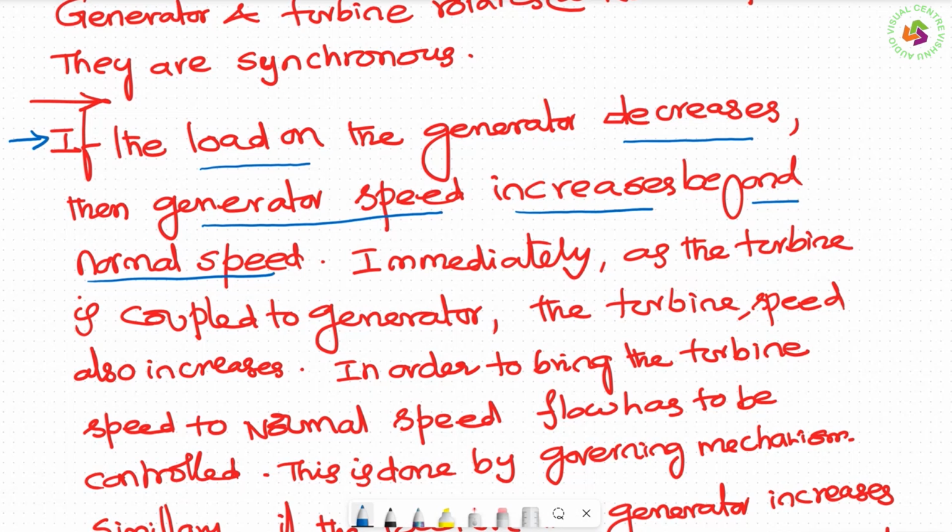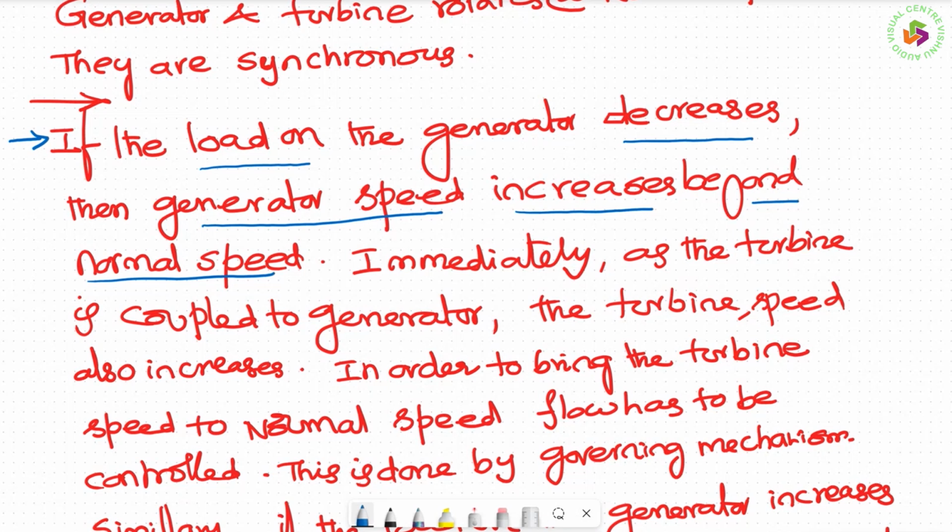For that, we are naturally controlling the flow onto the turbine. Based on that, the flow control makes the speed of the turbine normal. Automatically, as it is on the same shaft, the generator speed also becomes normal. So this is the regular process.